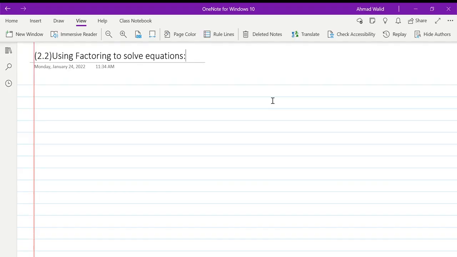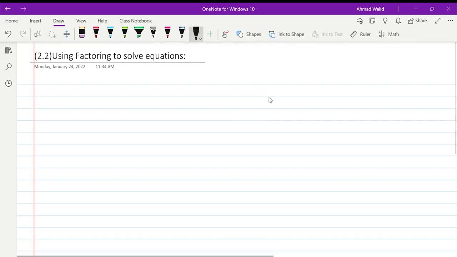Using those types of factoring, we can solve some equations that are higher degree than 2, correct? For example, they are cubed, they are power of 4. You can solve those kinds of equations using factoring, but not all of them, some of them.